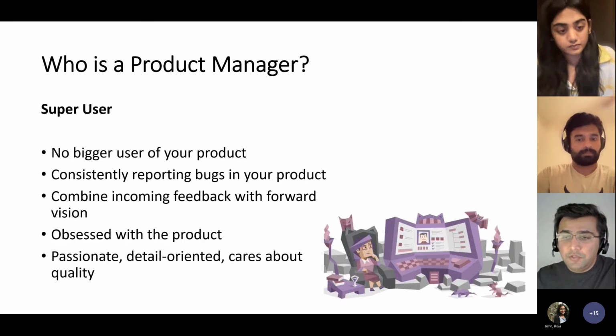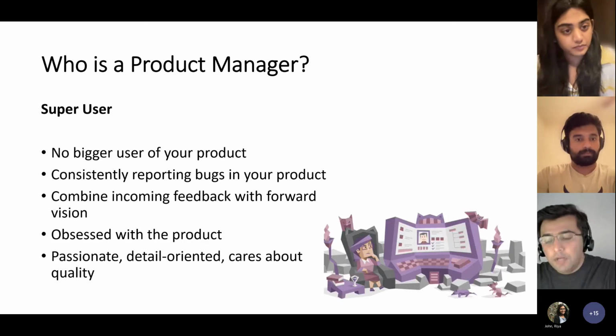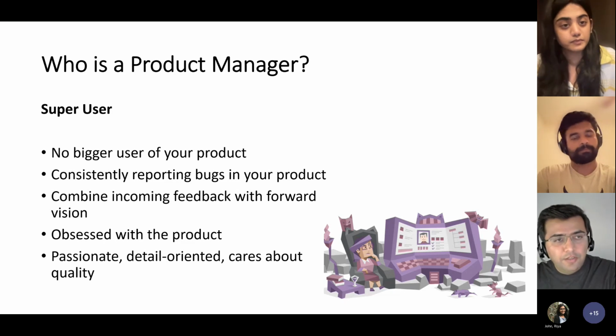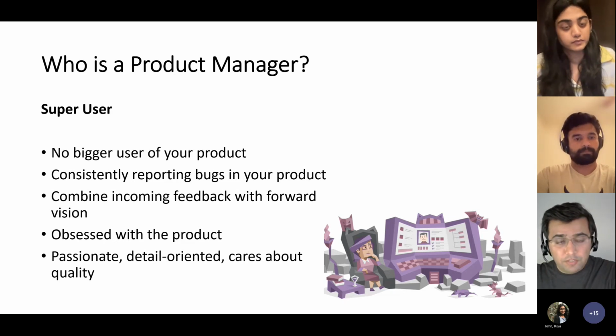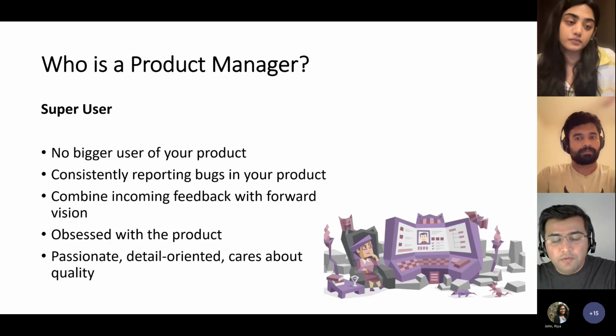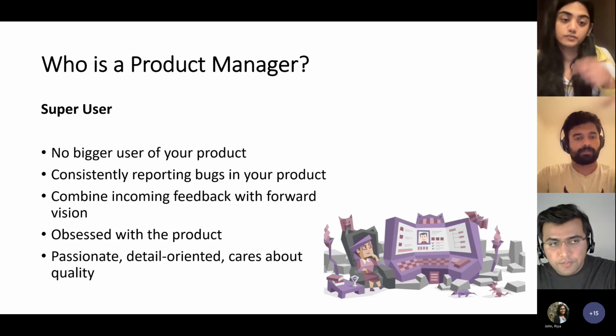Next one is super user. Now this really depends, calling out the fact that there should be no greater user of the product than you as a product owner. Meaning you want to get to a point where you have used your product enough so that you can have empathy for your customers.